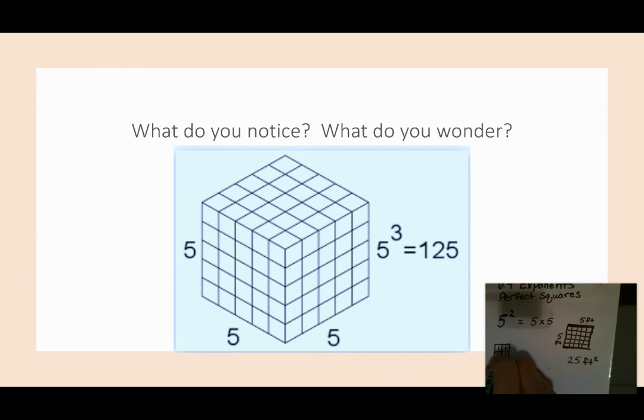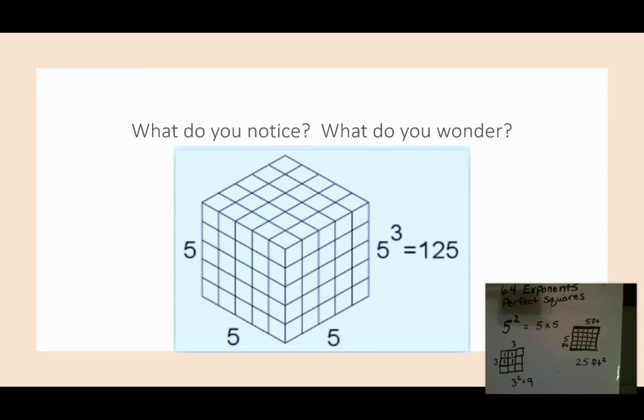What about 3 by 3? So I need to fill in the other ones. That one, 3 by 3, has 9 squares. So 3 squared equals 9. 3 times 3 is 9. And 4 by 4 is 16.